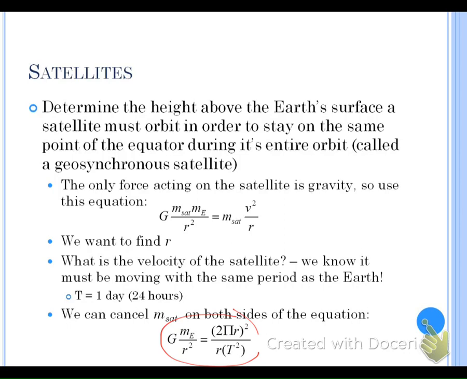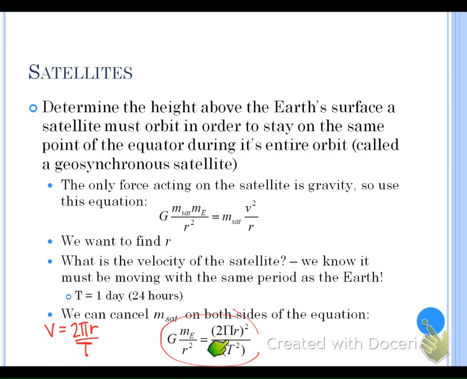Why is the top one squared? I'm going to talk to you about why it's squared. Our velocity equation is V equals 2 pi r over t. Let's look at why this equation looks like it does. Velocity is 2 pi r over t.